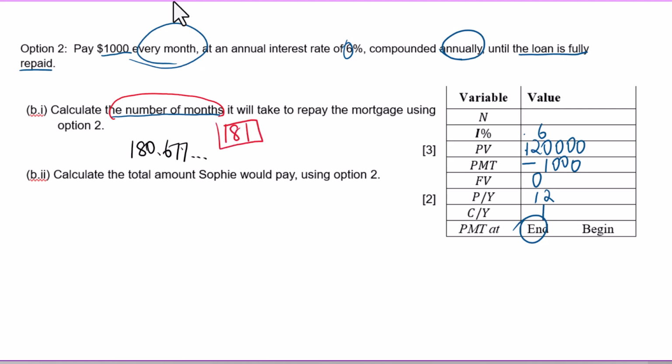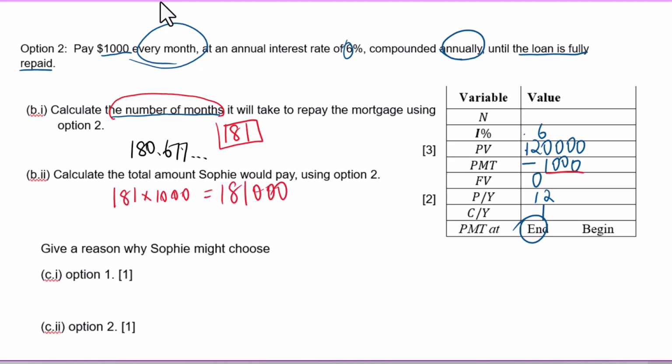Calculate the total amount Sophie would pay using option 2. Monthly payment is $1,000. Then she will pay 181 months to repay all the mortgage. Therefore, 181 times 1,000 equals the total amount Sophie would pay.